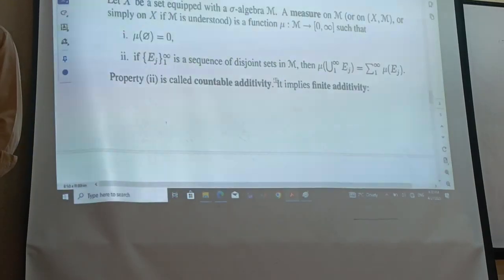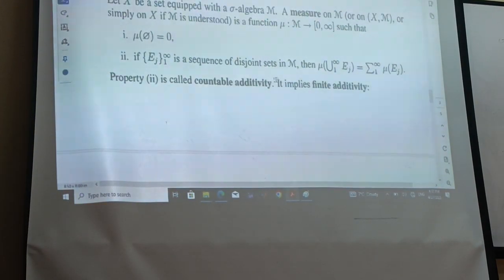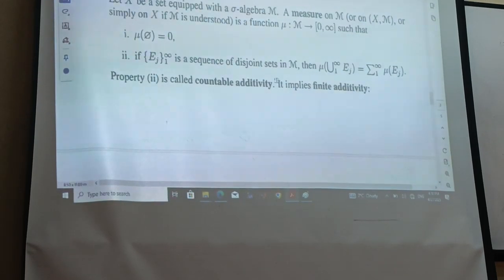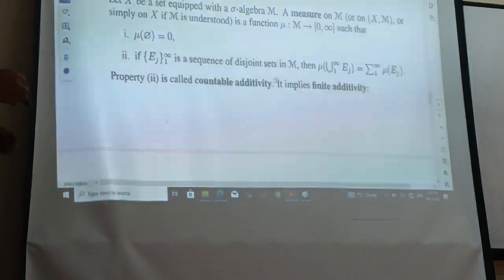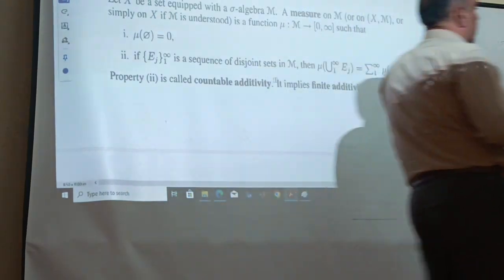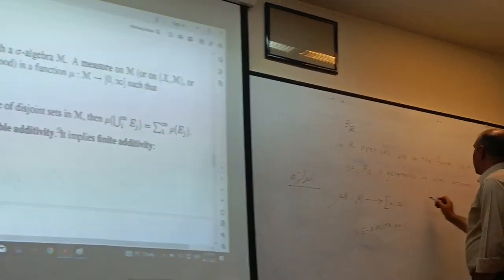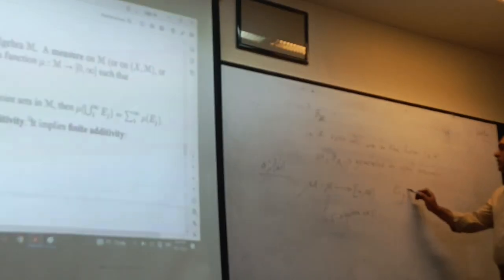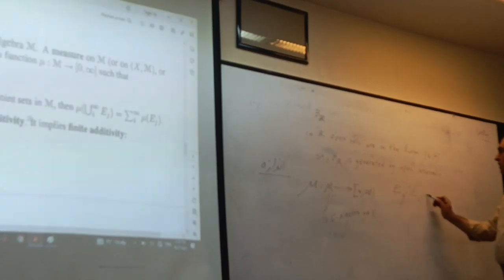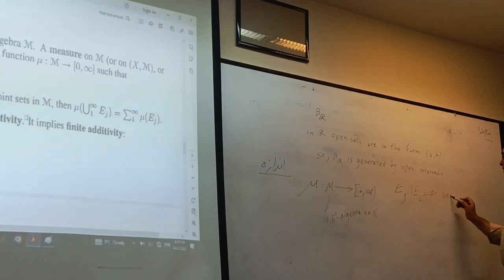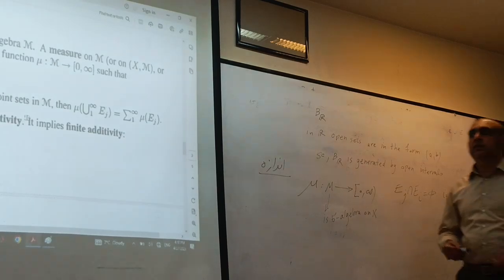This means Ej and Ei have no intersection: the intersection of Ej and Ei is the empty set if i is not equal to j.